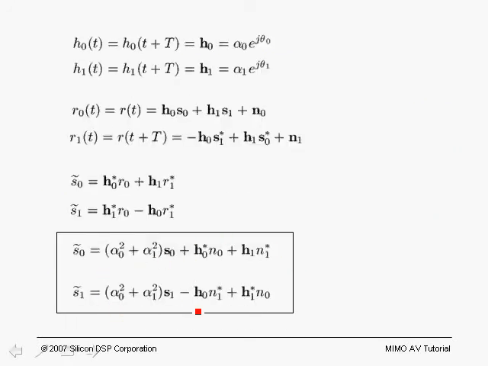The other important observation is the fact that the noise terms are related to the matrix composed of elements of the channel matrix H0 and H1, and we do not have noise enhancement in the case of the Alamouti scheme, unlike the zero forcing MIMO equalizer.